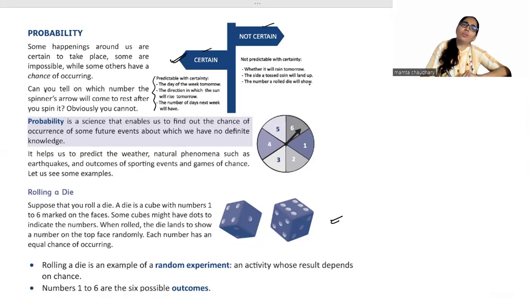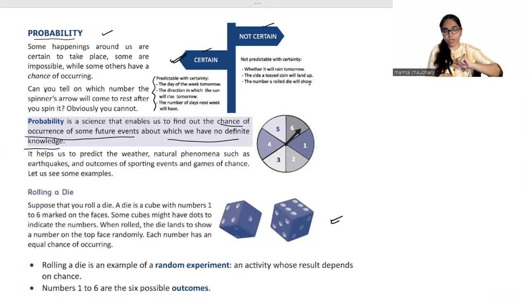Now, basically, what is probability? Probability tells us the chances of occurring of some future events about which we have no definite knowledge. It means there we cannot do anything. It is without our interruption. We have to find the chance.